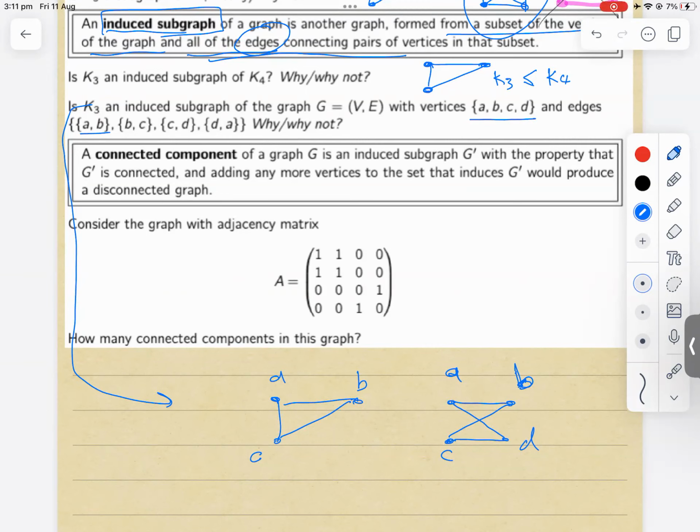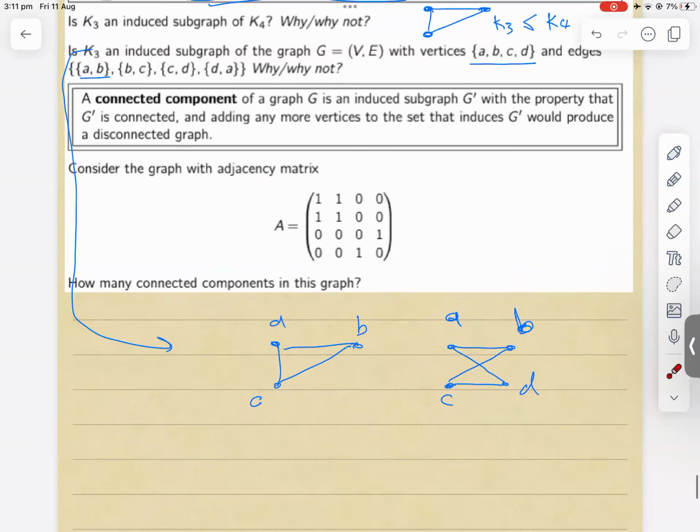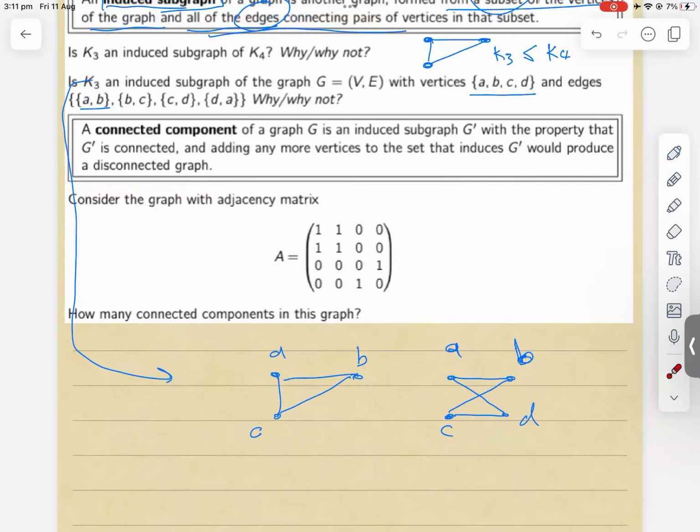What's the problem? AC. Okay, so A B, B C, C D, D A. Is that right? Yes. Okay. So now K3 is this guy.